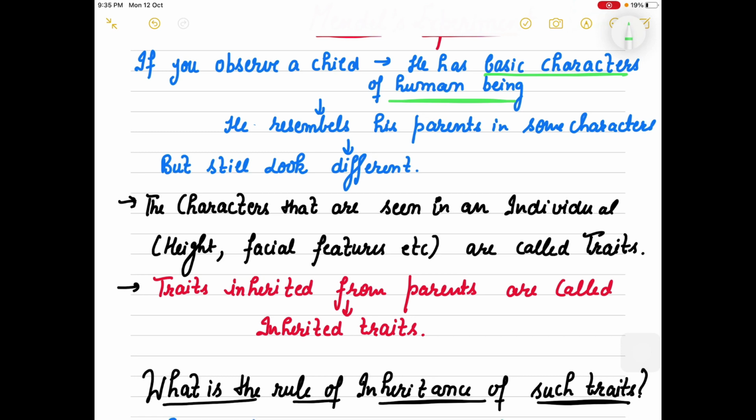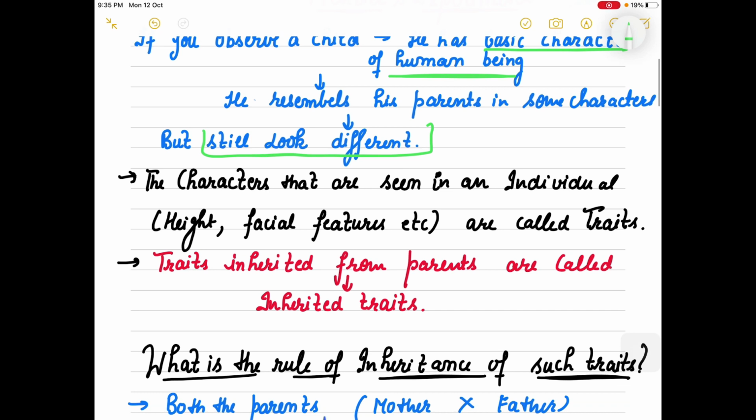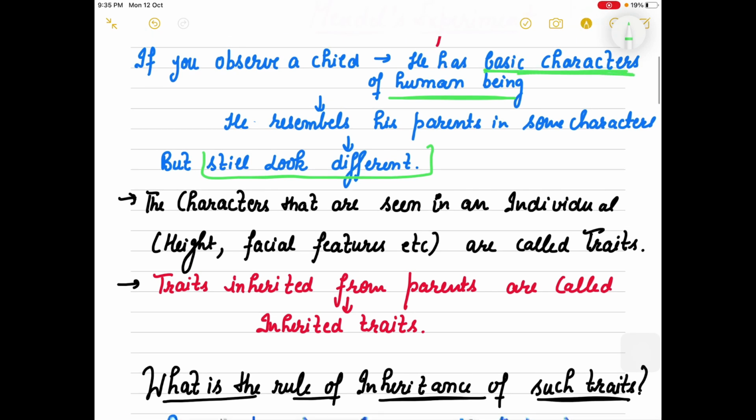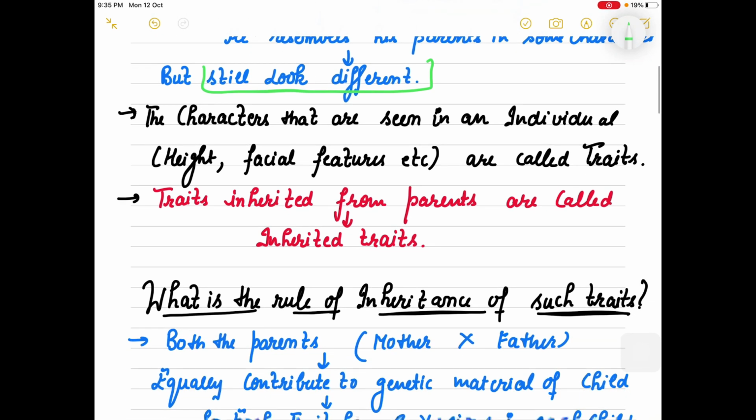You resemble your parents in some characters, but still you look different from your parents, right? So the basic design is given to you by your parents. The characters, the features that are seen in an individual, height, facial features, are called traits.